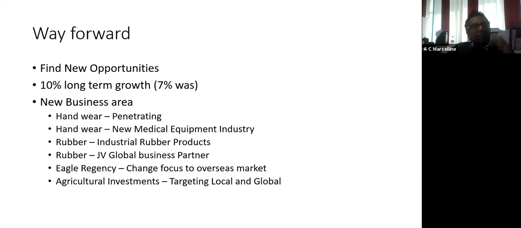Then you look at the third one, the Eagle Regency. Now the CEO is directing them to change their focus to the overseas market back again, because he knows that in the local market the revenue is not very high. So now he's saying focus on the overseas market again, so that people come in and make use of the hotel, and the revenues start to flow.